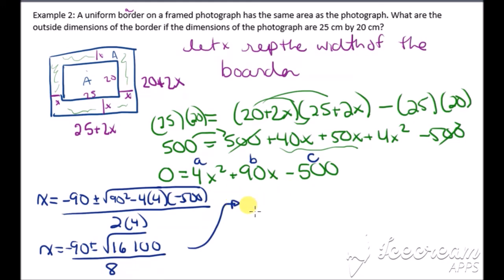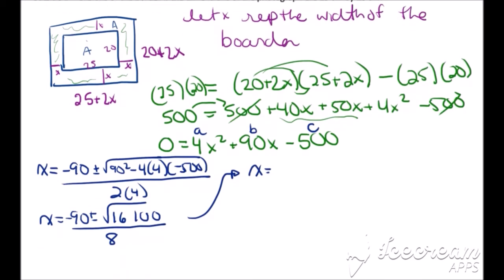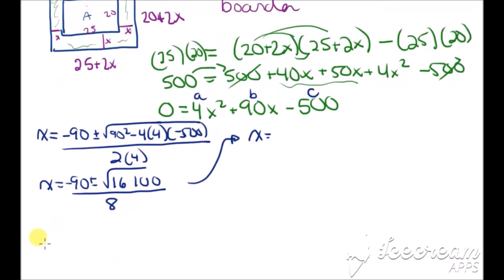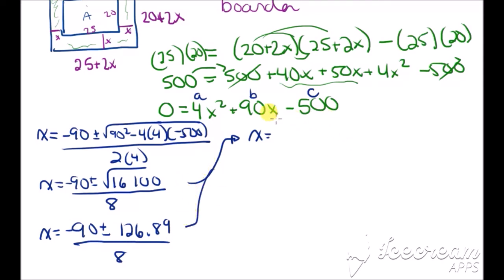Okay, and if we were to root this 16,100, we're going to get x equals negative 90 plus minus 126.89 all over 8. So now let's branch off.